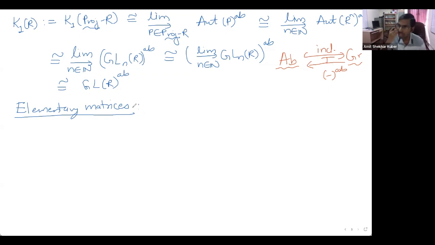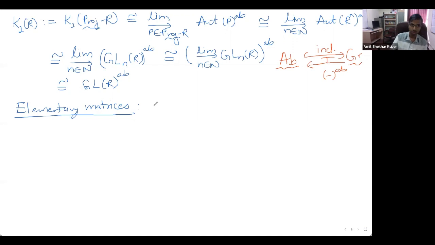Yes, you remember this process? Sorry, not a diagonal matrix, at least an upper triangular matrix. So the elementary operations are what we need. Row operations and column operations give the same effect as multiplication by elementary matrices.